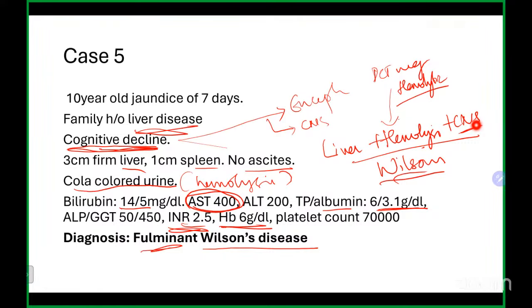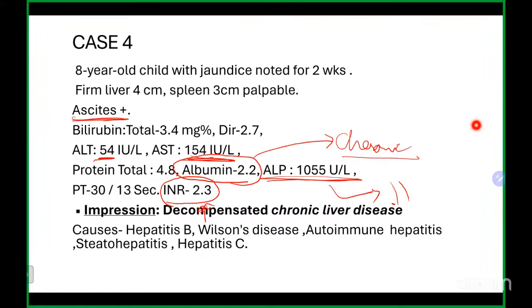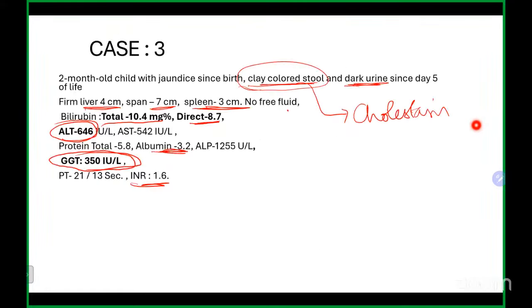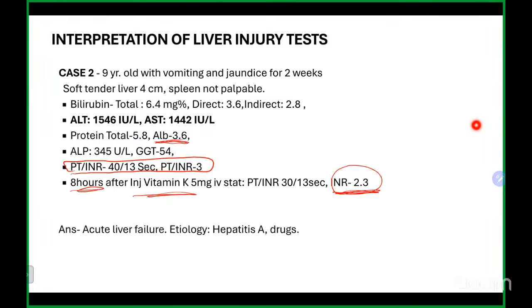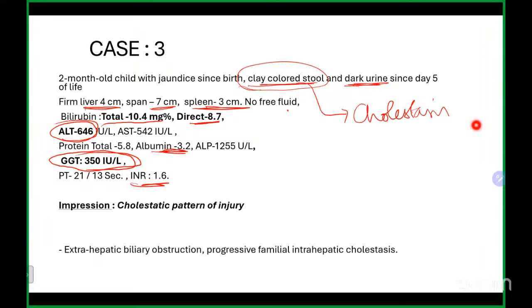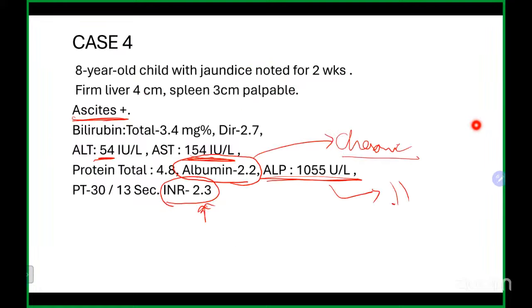So this is how you will correlate different types of hepatocellular injury. At the end of the class, I want you to remember that whenever enzymes are raised, you think of hepatitis picture. Whenever INR is raised and doesn't get corrected with vitamin K, you think of acute liver failure. Whenever there is a rise in ALT or GGT, you think in terms of cholestatic pattern.